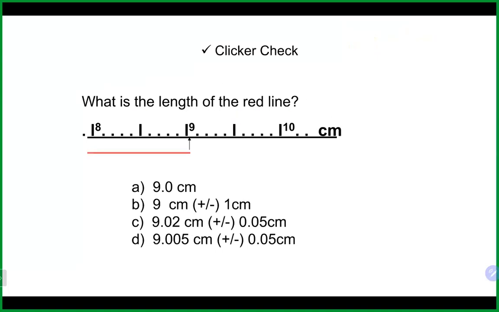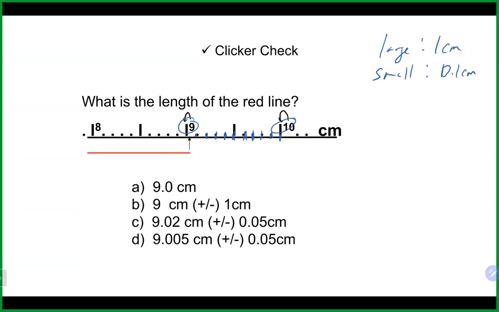Let's take a look at another one here. What would the red line? All right, so looking at this, once again, big number difference going to be our 1 centimeter. We again will have basically 1, 2, 3, 4, 5, 6, 7, 8, 9, and 10 markings, which is going to give us our small marking of 0.1 centimeter.